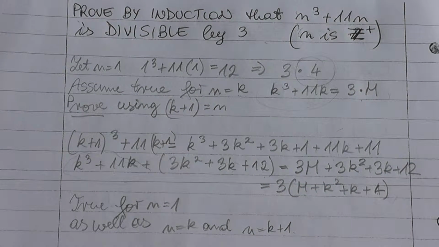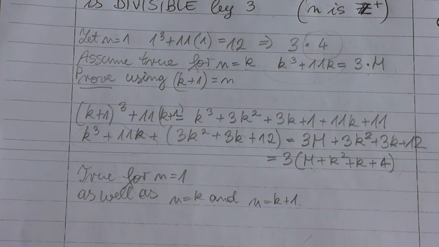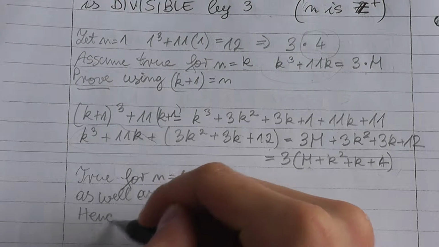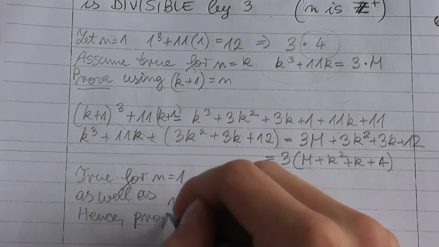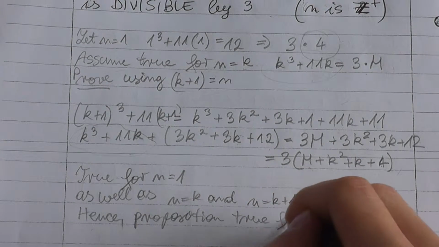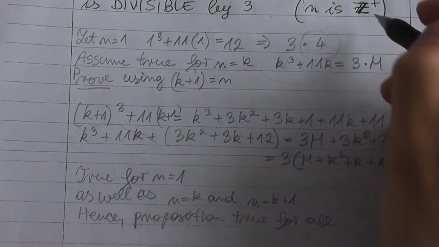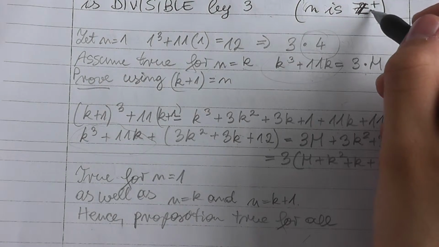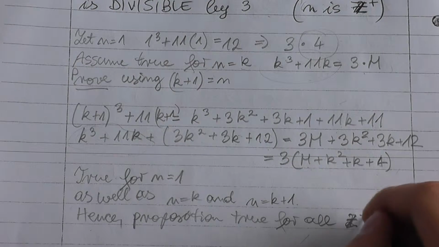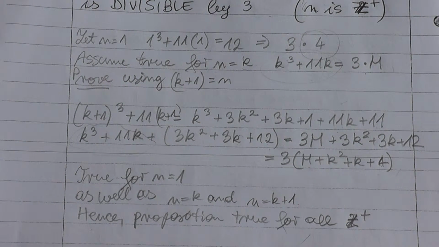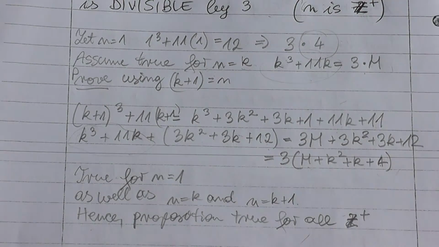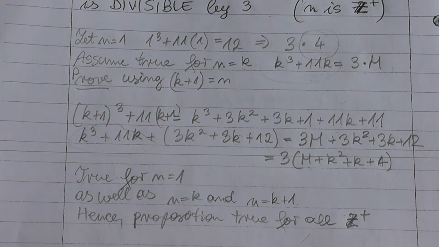And then the last step, this is just what I like to write, a very formal one: hence, the proposition is true for all, and now you always have to look back to what we were given, for all positive integers, for all n belonging to the positive integers. And now we have proven it by induction.